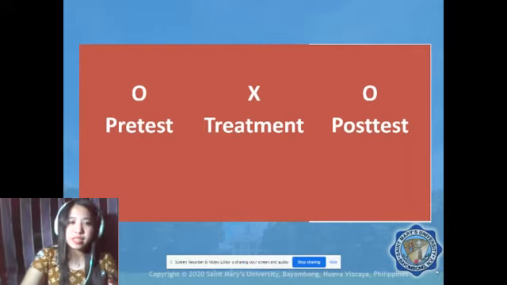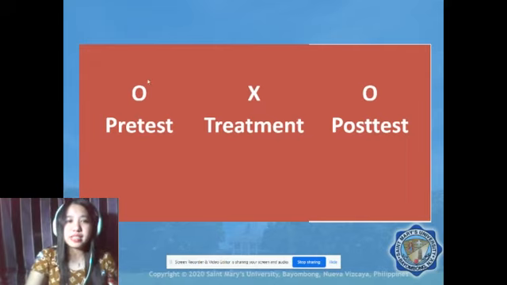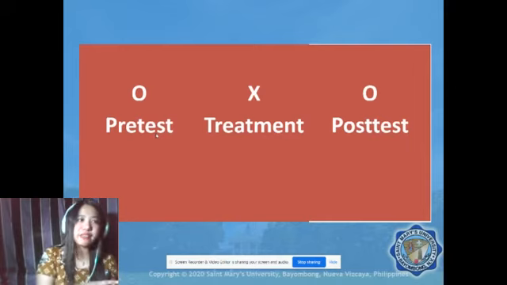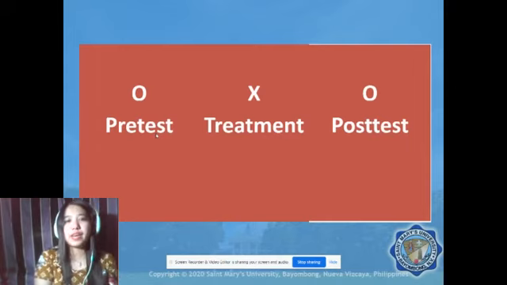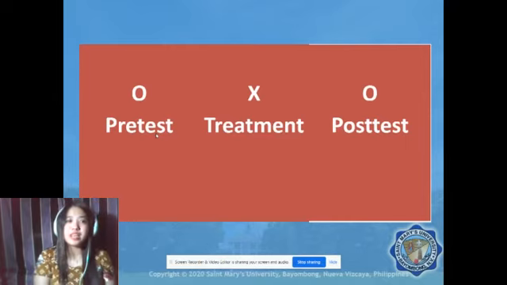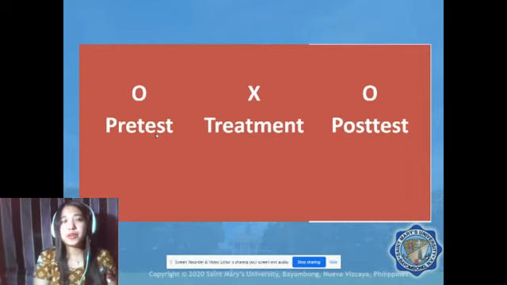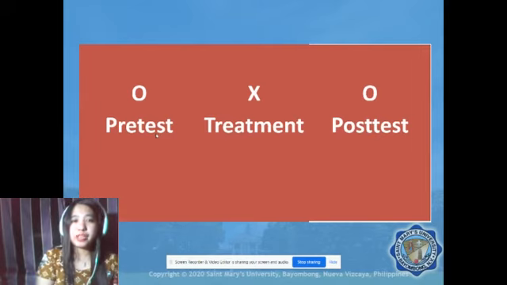We have the pretest, treatment, and post-test, or you can place O sub 1 to emphasize that it is the first test given, then X refers to the treatment, and O is the post-test. Even without writing pretest, treatment, post-test in this illustration, just O sub 1, X, and O sub 2, it already means that you're going to make use of that particular design.